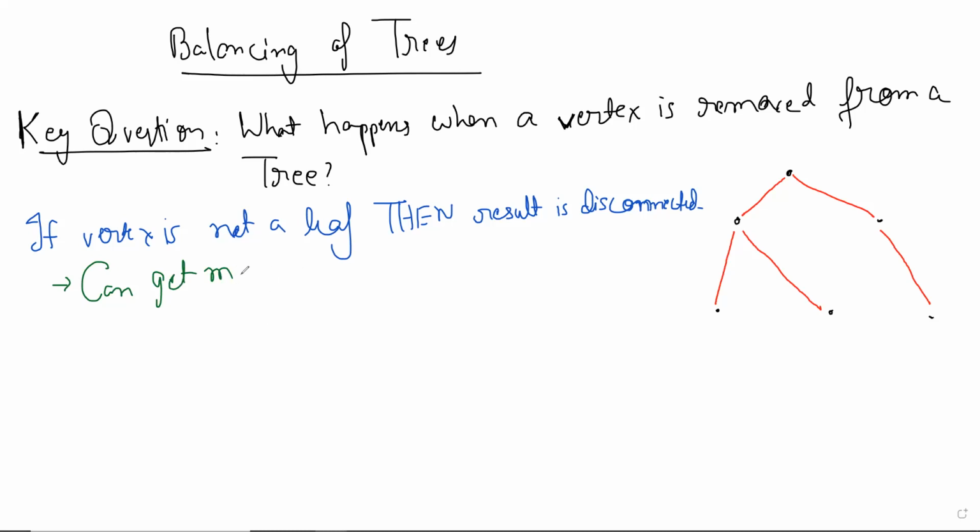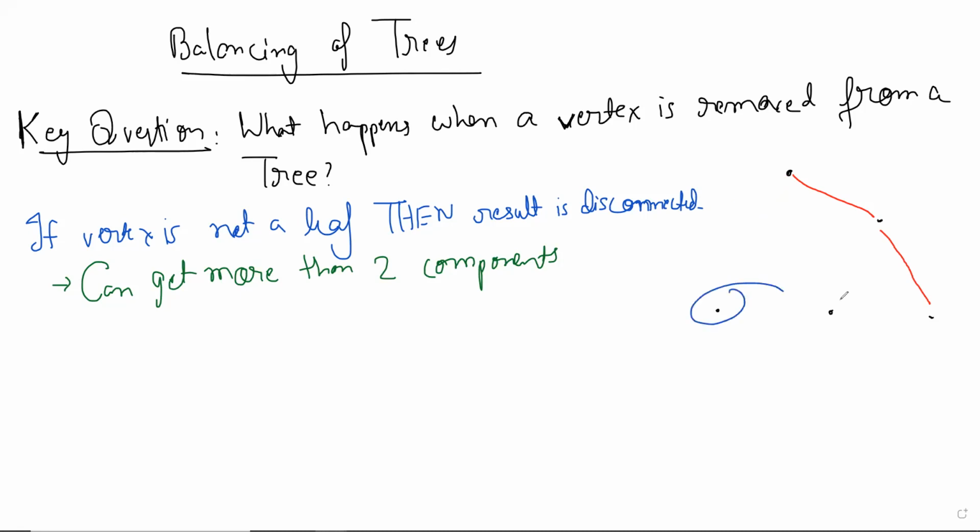This is just to get intuition for these simple things. In the beginning, just get more than two components, so that you get more clear about what it really means to be doing this. For example, if you remove this vertex, which I've circled, then all these edges are gone, and you get three components, right?